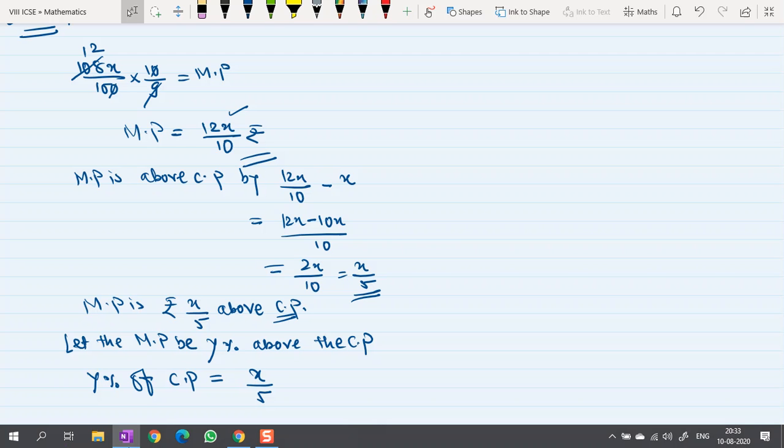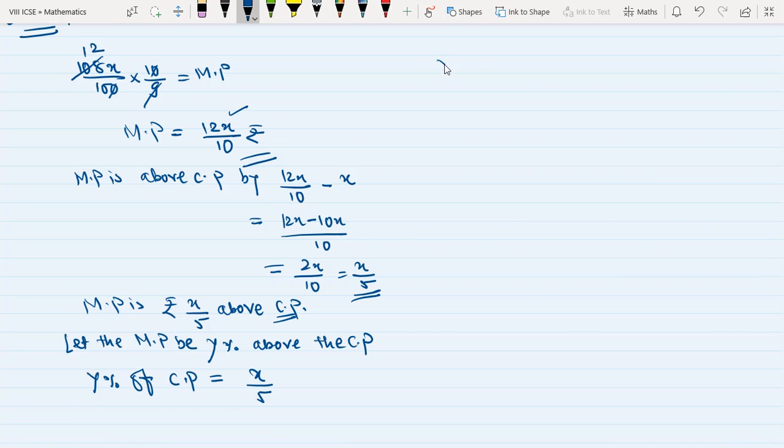So y%, that is the percentage by which mark price is above cost price, y% of the cost price is equal to the amount by which mark price is above the cost price. How to simplify this? y% of cost price x is equal to x by 5.